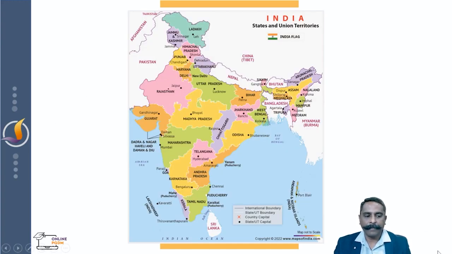Now, say for example, an organization is thinking of creating a distribution network, or an organization has done its research and decided that they will be catering to the requirements of consumers who live in Rajasthan. So what will happen? I will establish a manufacturing facility somewhere close to Jaipur.